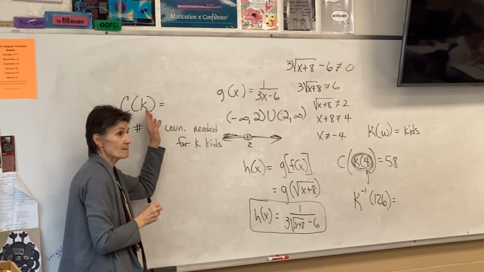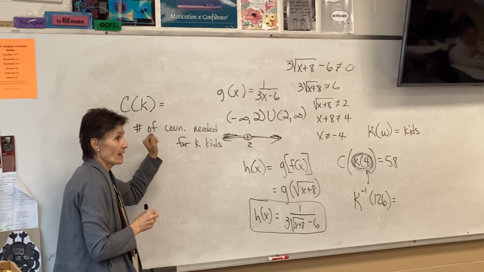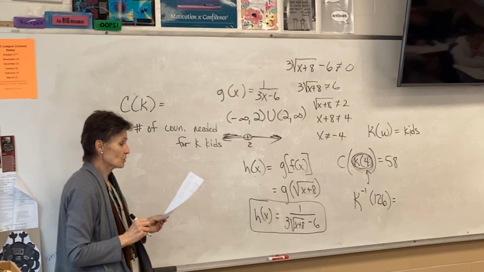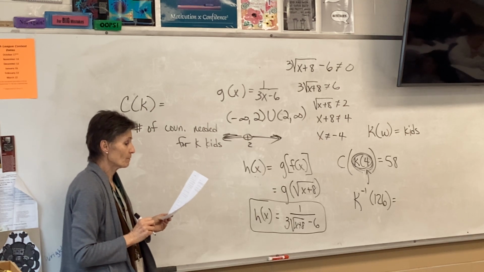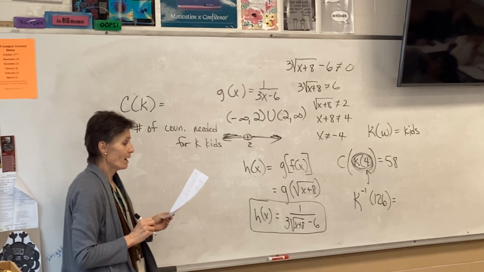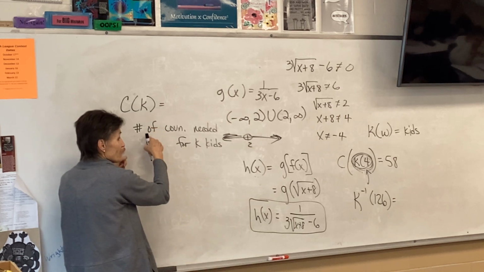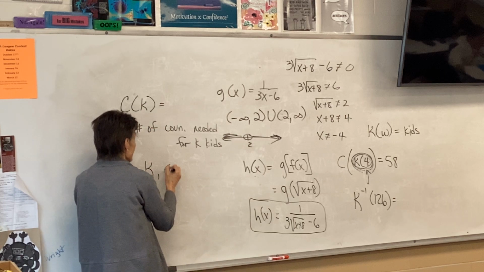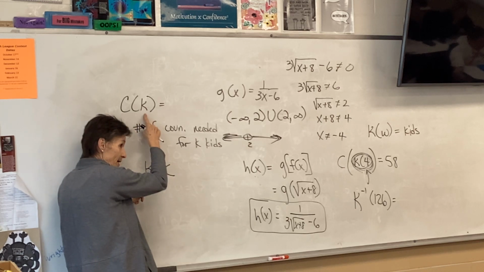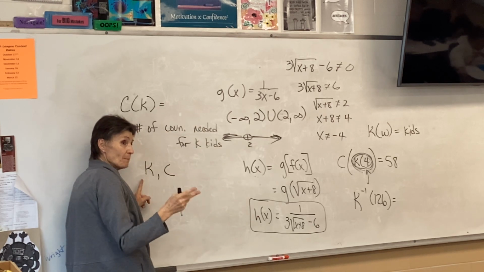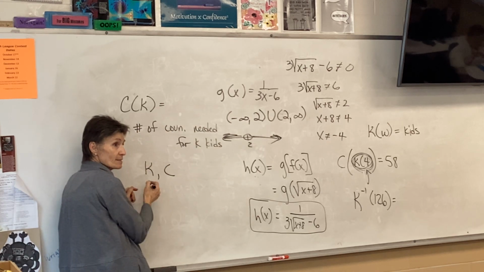Isn't that what this is? Okay. Does that help? So this is C of K. Give me some kids and I'll tell you how many counselors I need. Aren't they asking for the opposite of that, the reverse of this?